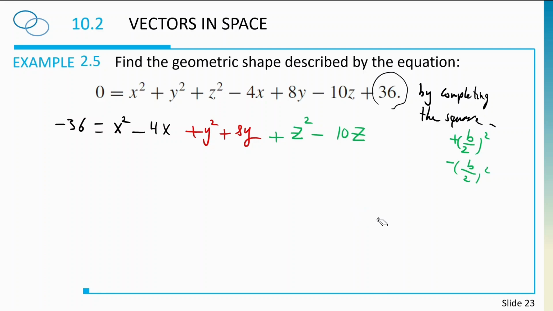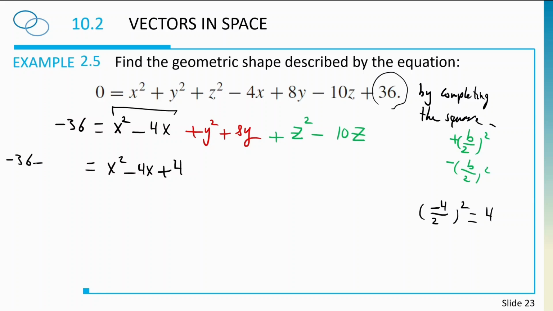So now I'll try just to add to both sides. For the first x part, what's b over 2? Remember, b is the coefficient for x. So b here is negative 4, divided by 2, squared. So this is equal to 4. That means I need to add 4 here, and add the same to the other side.